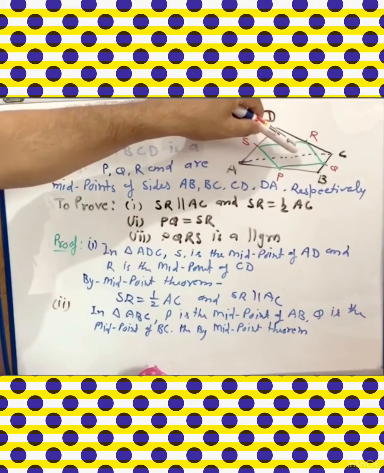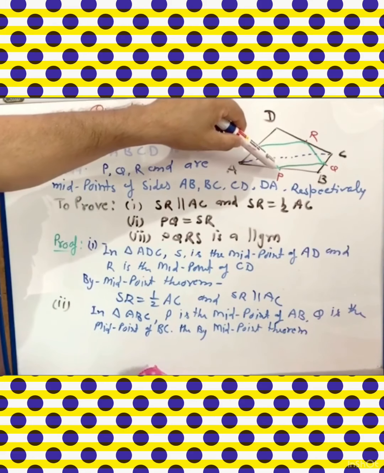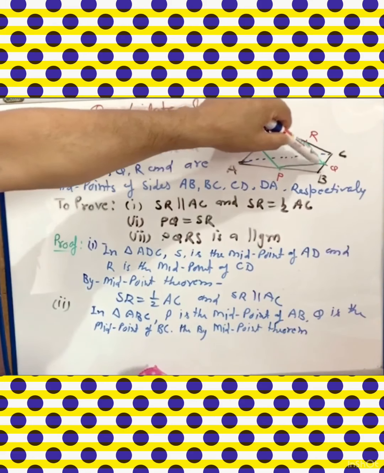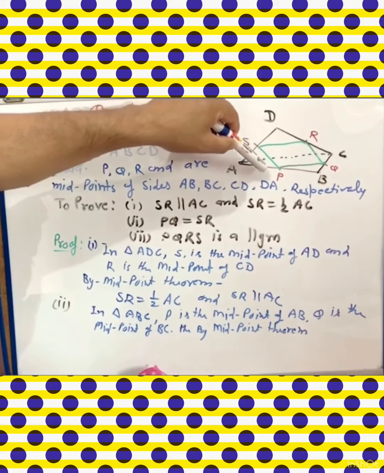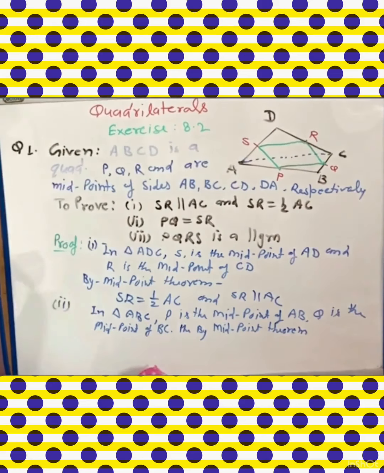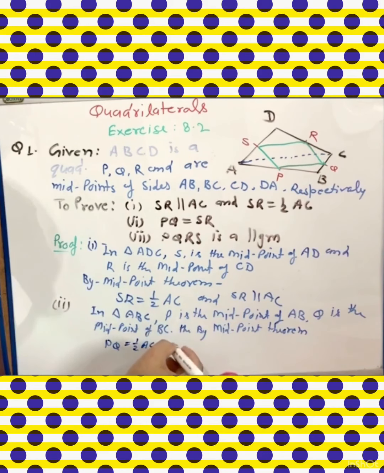So once again you can say that by midpoint theorem, PQ is parallel to AC and PQ is half of AC. So you will write here PQ is half of AC and PQ is parallel to AC.